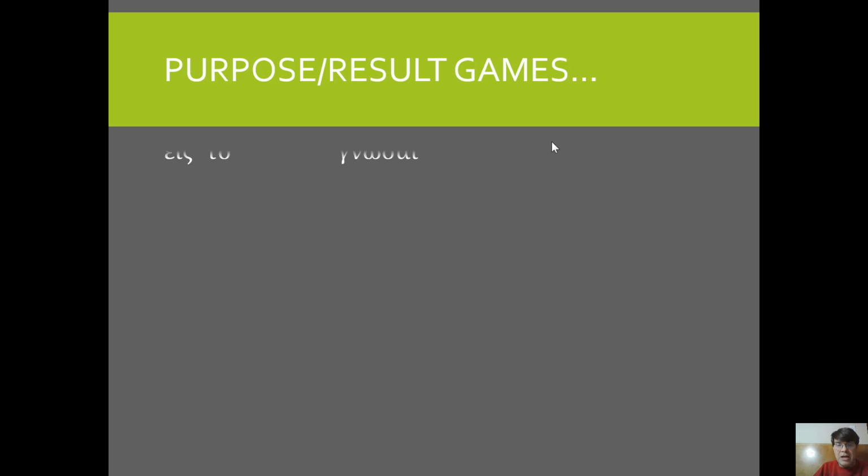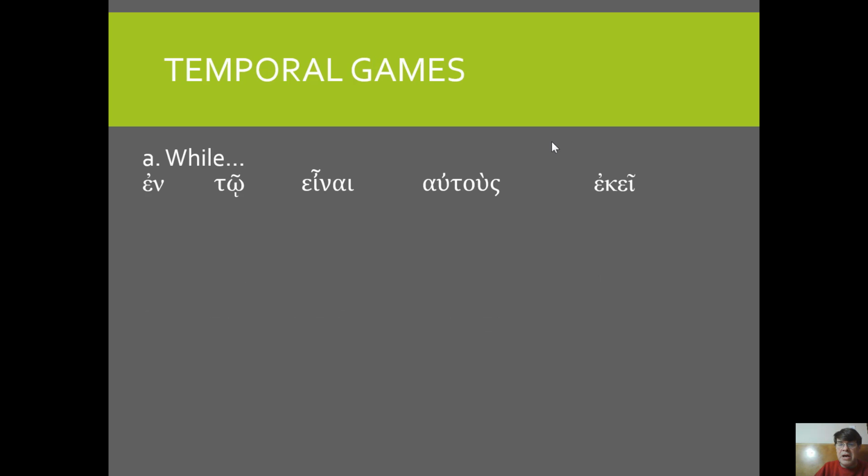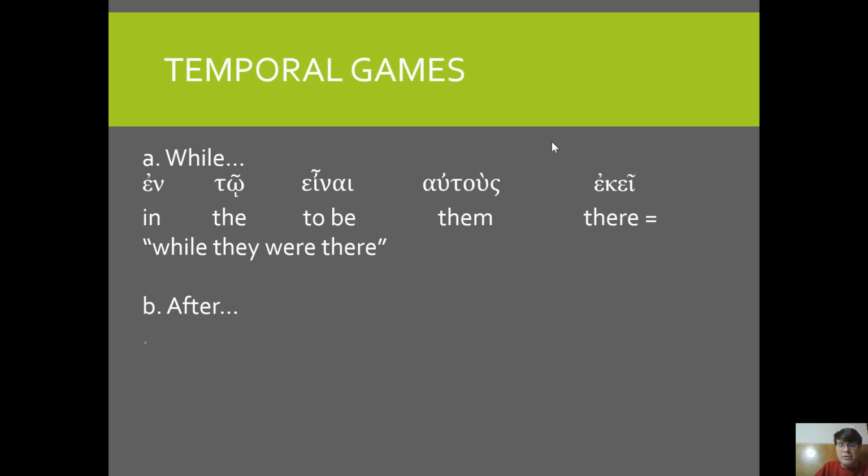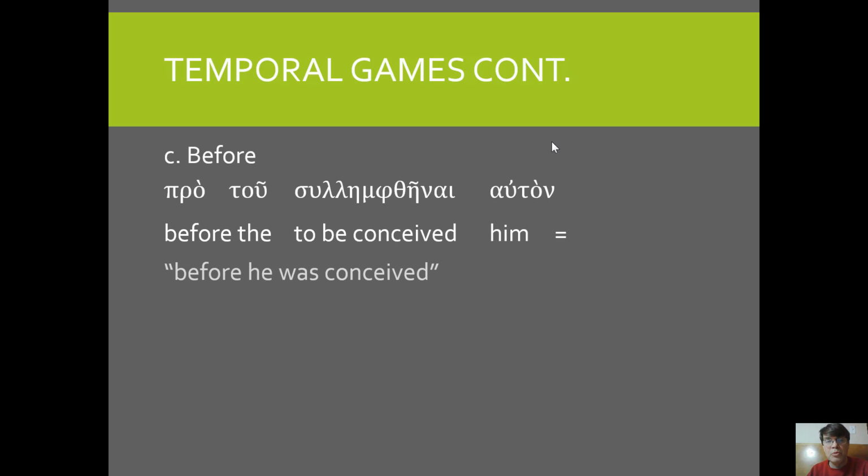Then there's the causal game that is dia to with the infinitive. Then there's the time game. There's the "while" time game. There's the "after" time game. And there's the "before" time game. By the way, you can also do it with prin and the letter eta. Prin e can also do this "before" game.